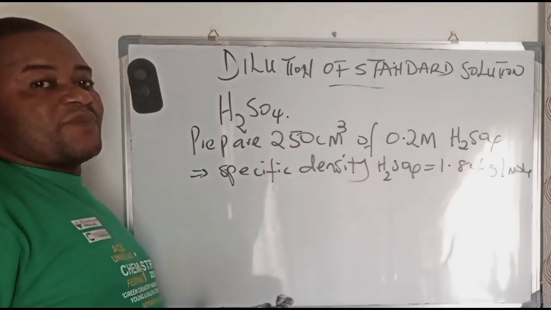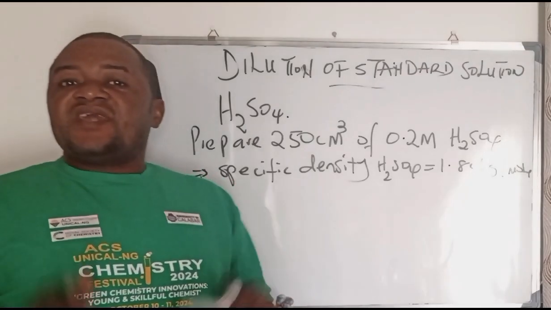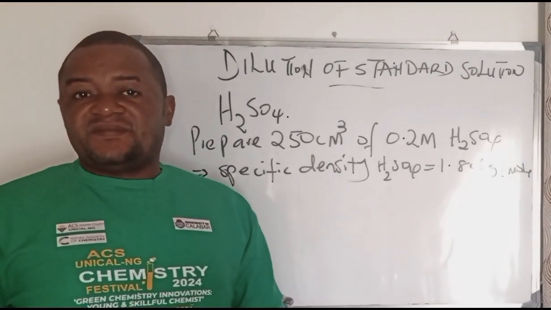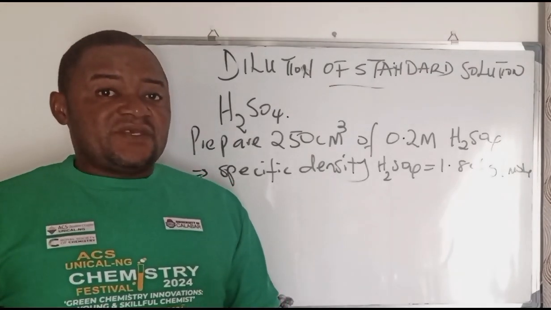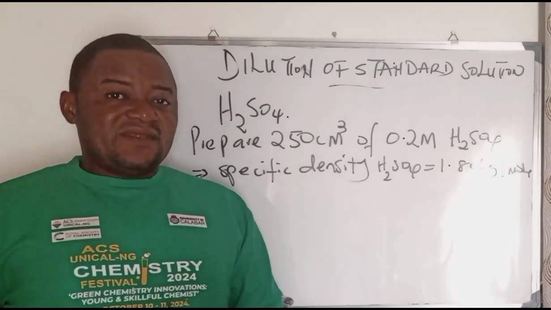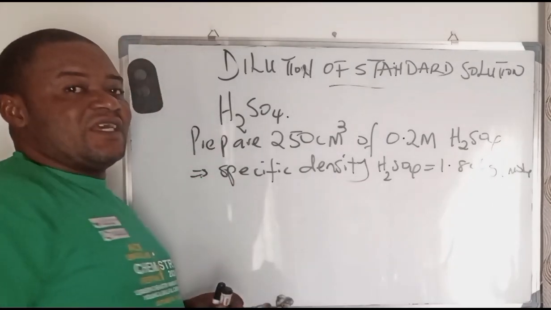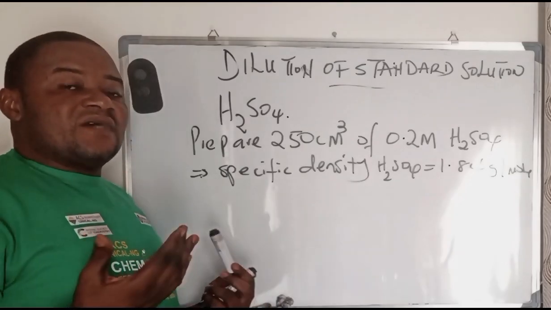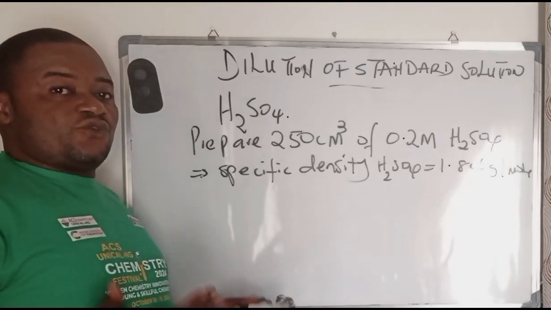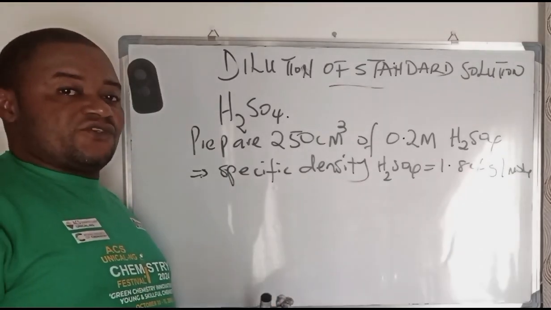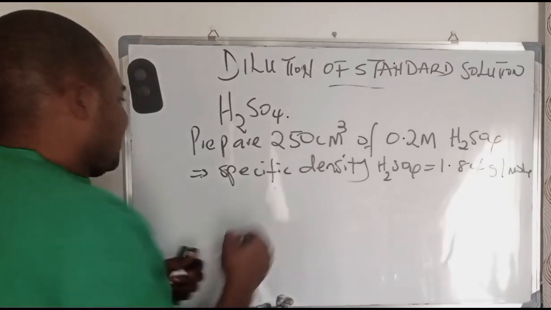But if you are preparing a standard solution, it is against 1000 mL, which is 1 dm³. So we are going to link the specific gravity to the standard volumetric flask you use in preparing your solution, which is 1 dm³.